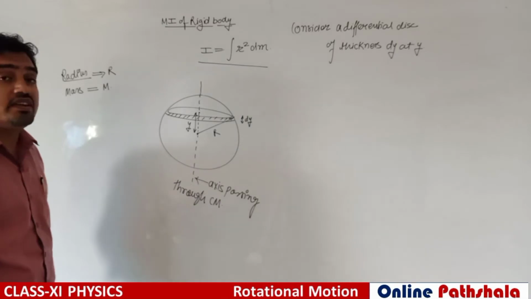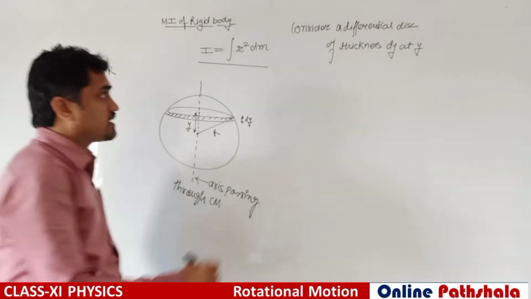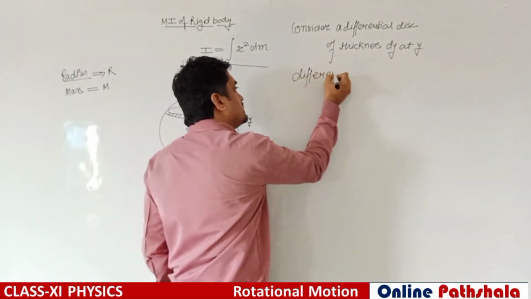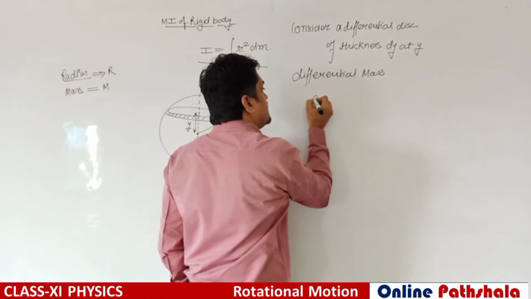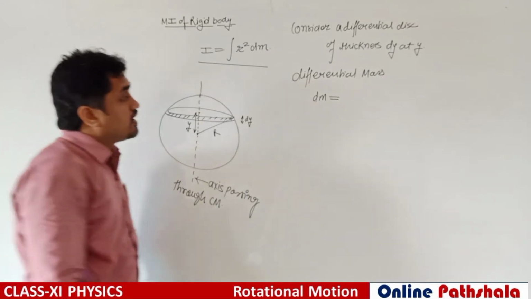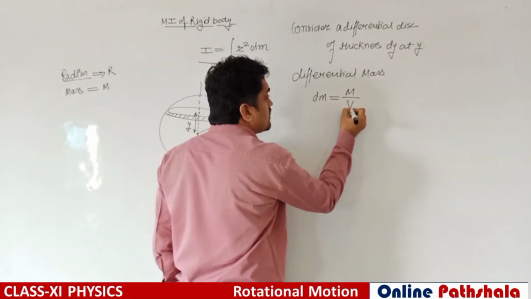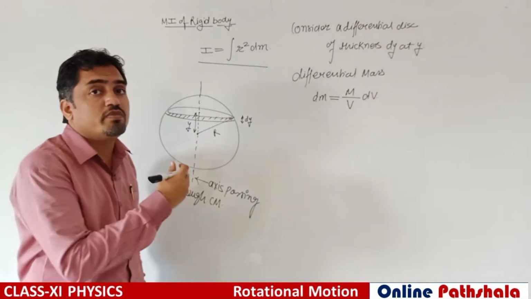Now, we have to find the differential mass dm of this differential disk. How can we find the differential mass? By using total mass divided by total volume into differential volume, because mass is distributed over the volume here.